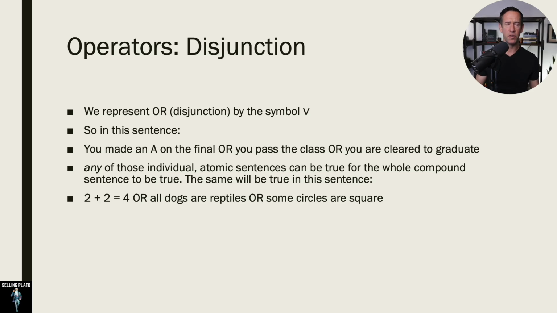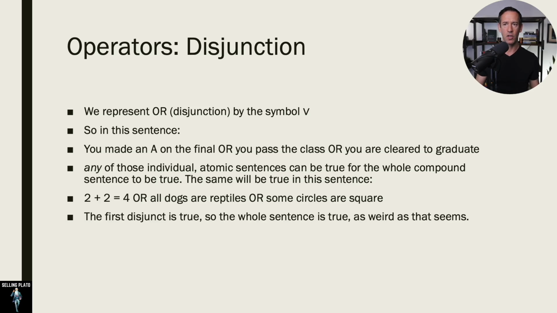So how are we supposed to think about that weird sentence? Well, the first disjunct, 2 plus 2 equals 4, that's true, of course. So that makes that whole weird, complex, compound sentence true because all you need is one. And we got that on that first atomic sentence. As weird as that seems, that's how or is going to work in propositional logic or a logical language.